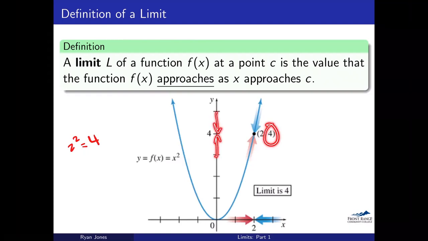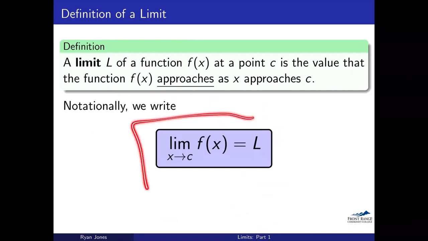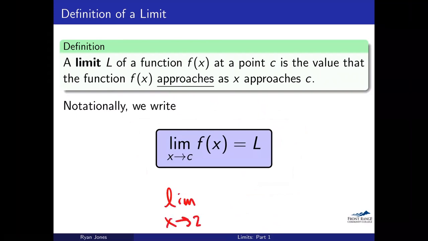I get closer and closer to that as x gets closer and closer to 2. And so that L is going to be equal to 4. And this is just notationally what we've got here. I can copy that down: limit as x approaches 2 of x squared is equal to 4. We'll do several examples and get used to this notation, but I just want to introduce that right now.